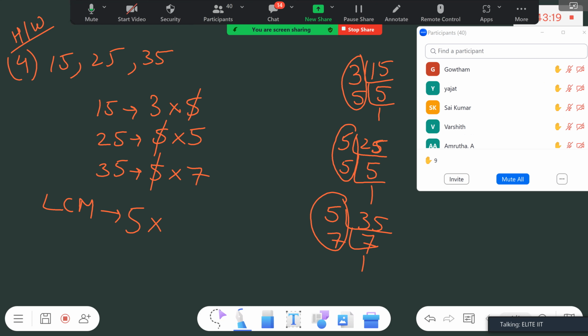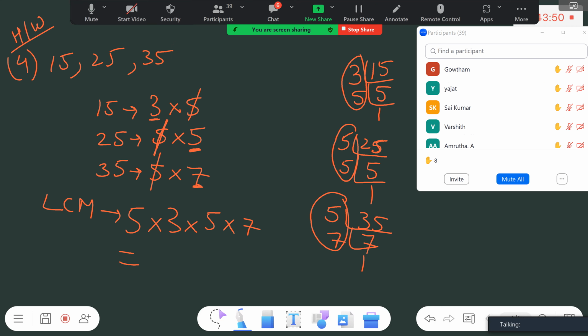So we will simply write them one by one. 3, 5 and 7. We have written one of these 5. But there is another 5 here, isn't it? These 3, 5 and 7, they are not common anywhere.